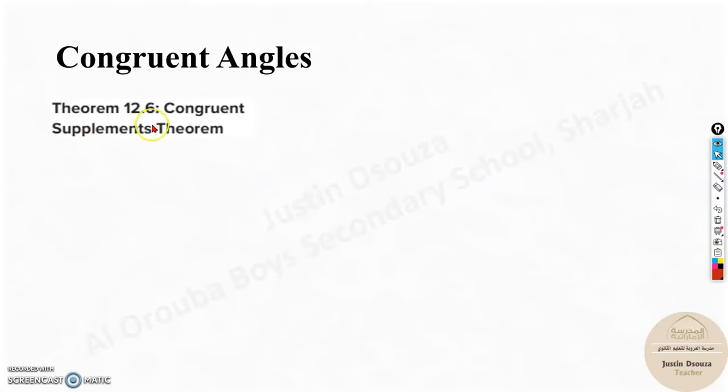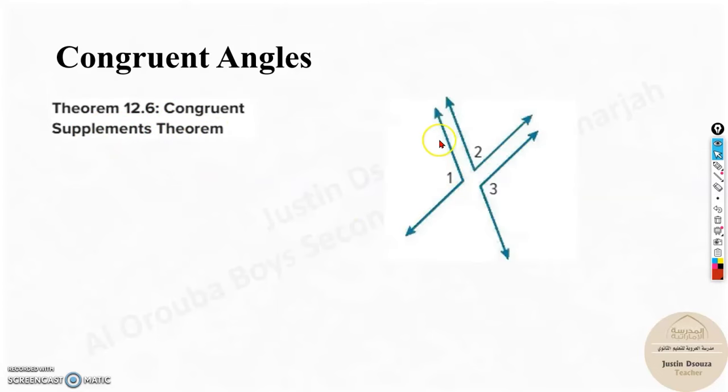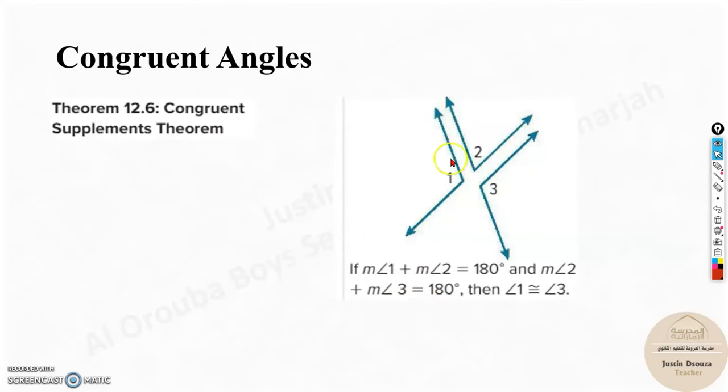Now, the congruent supplements theorem is important. Imagine you have these three angles, and the measure of angle 1 plus angle 2 gives you 180 degrees. You also know that the measure of angle 2 and angle 3 gives you 180 degrees. Then the first angle and the third angle will always be congruent.